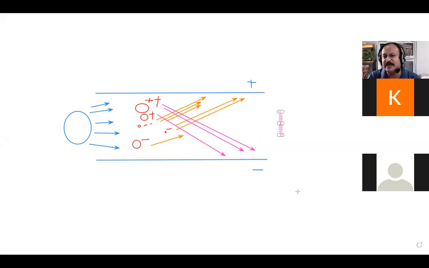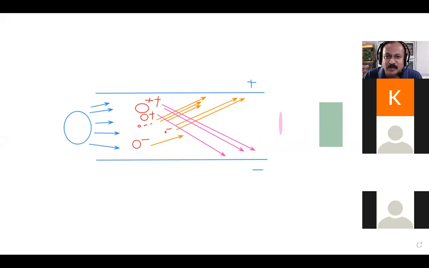The different types of ions are going to come out through the entrance slit here, and then we have a detector here. Is it right? Can you all understand my diagram? Yes, sir. Okay, although my drawing may not be very good.